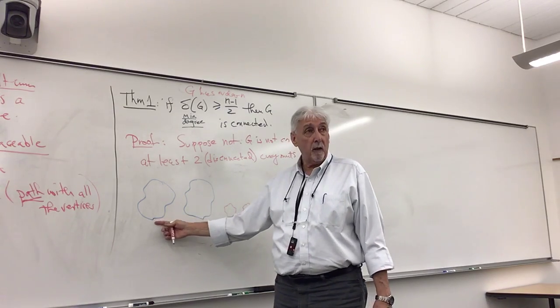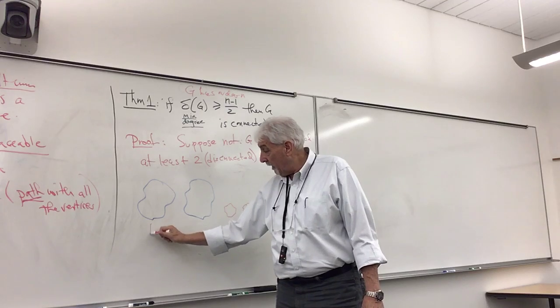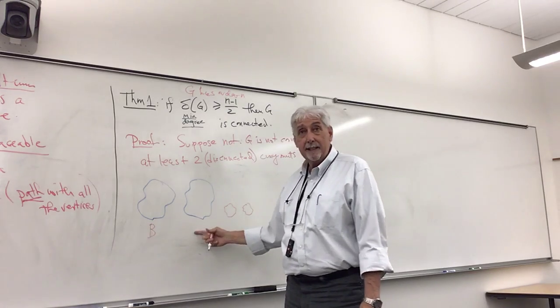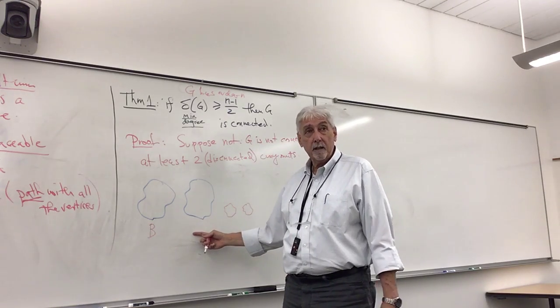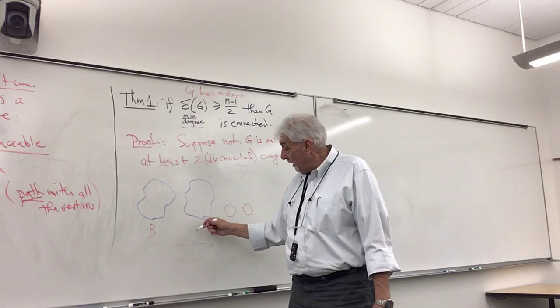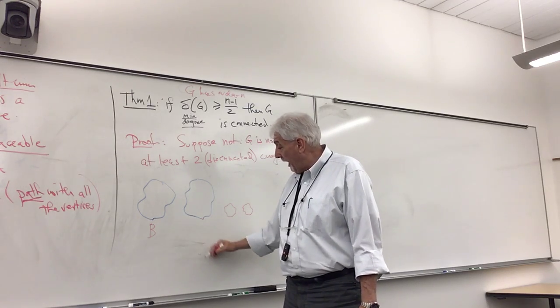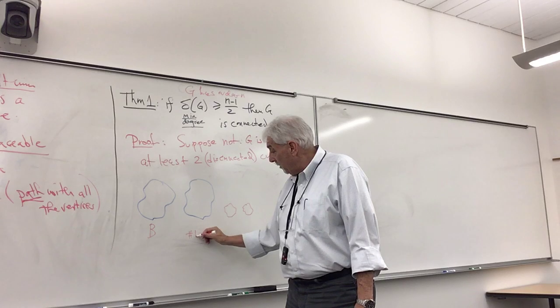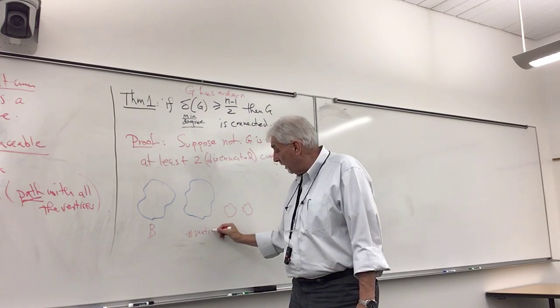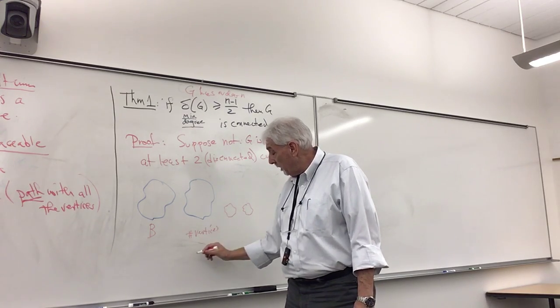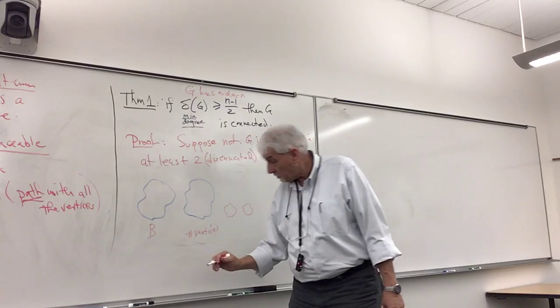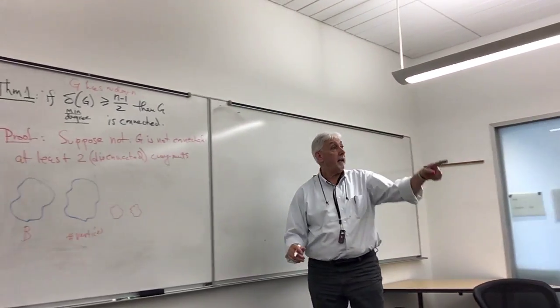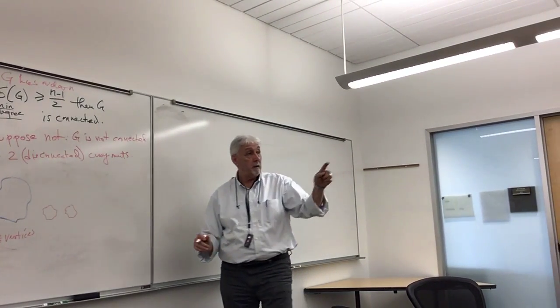Okay, so this is the biggest one, B. And this is the second biggest one. Can you tell me a bound on the number of vertices in the second largest component? Can there be n/2?